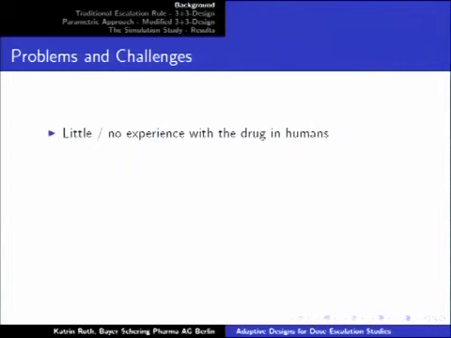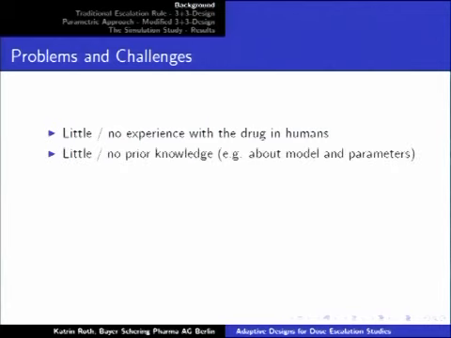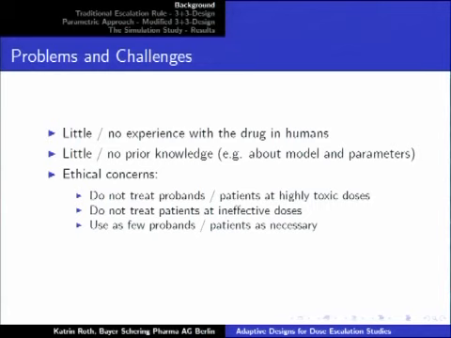With these types of studies, we encounter some problems and challenges. First of all, we don't have much experience with the drug in humans, so we have no idea how the human body will respond to the drug. And we have no or little prior knowledge about the model parameters, and everything that's related to it.